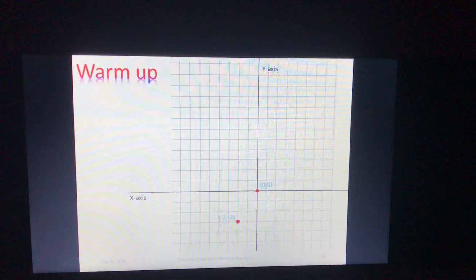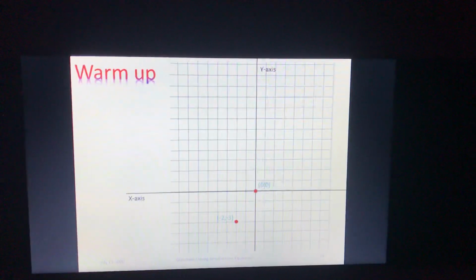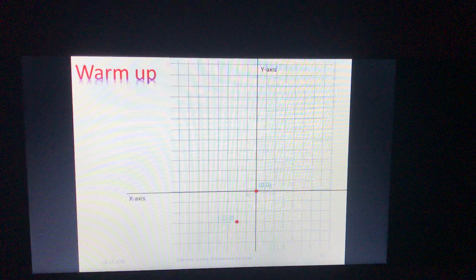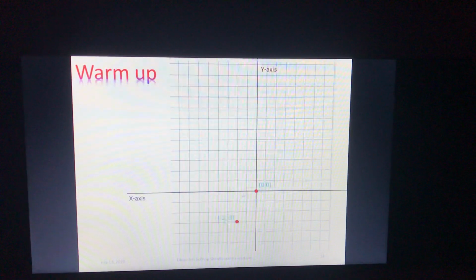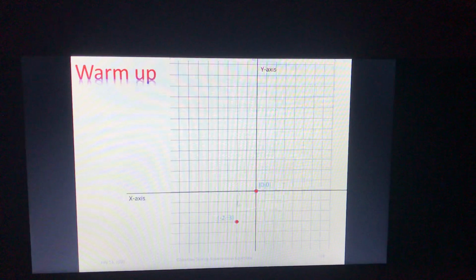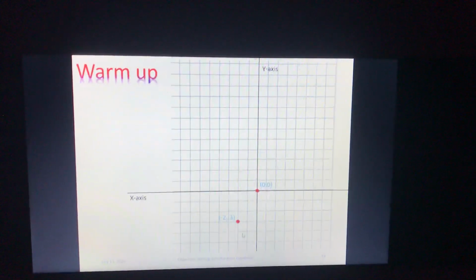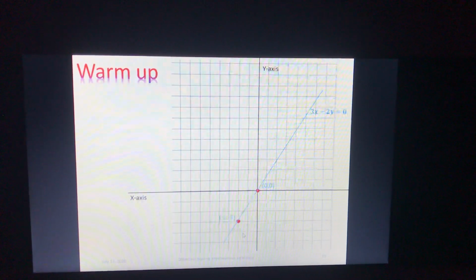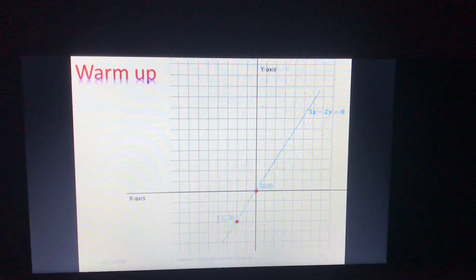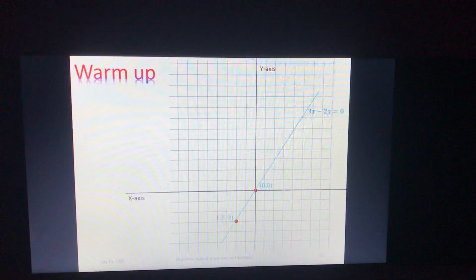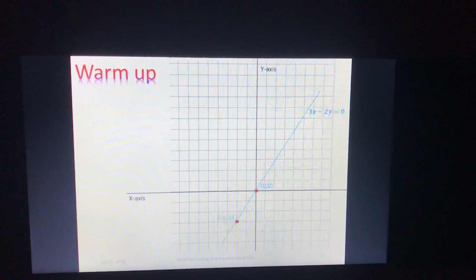How do we know -2 and -3? -2 is on the x-axis, so you go to the left 1, 2, and then because it's -3, you go down 1, 2, 3, and that's how we plot it. And then let's draw the line graph, and don't forget to write the address of this line graph, which is 3x minus 2y is equal to 0.